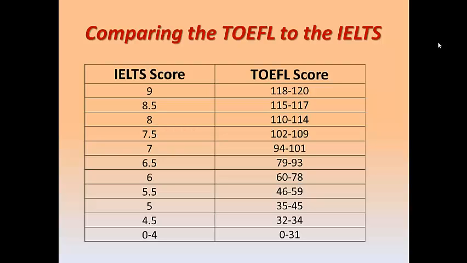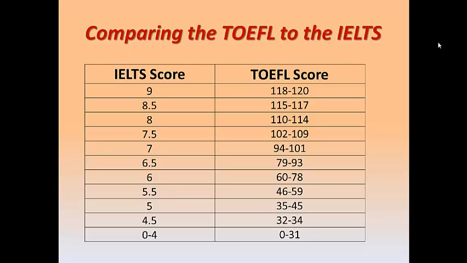Now, some people have taken the IELTS or have heard of the IELTS, maybe are familiar with it. Just to give you an idea of the scoring comparison, if you kind of equate the two, the IELTS scoring we can see here is shown in relation to what the equivalent TOEFL score would be.